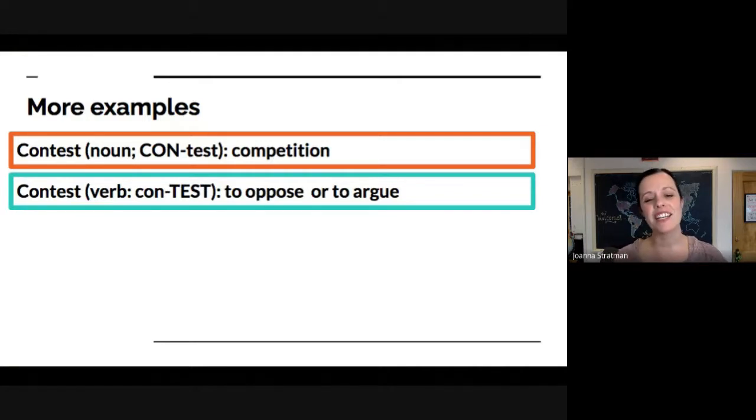Contest means to oppose or to argue something. So again, we have contest first and contest second. Contest, contest.